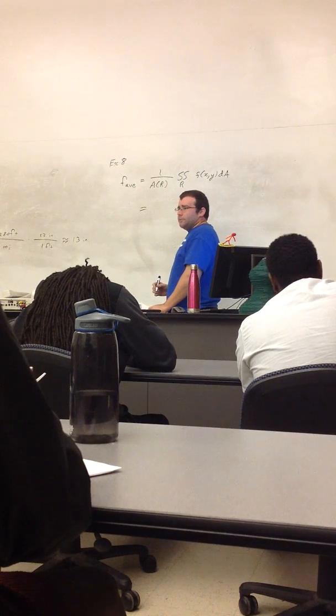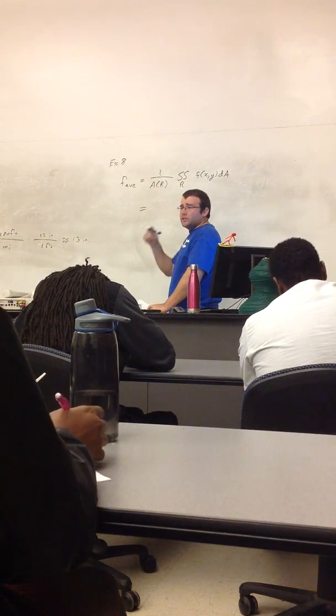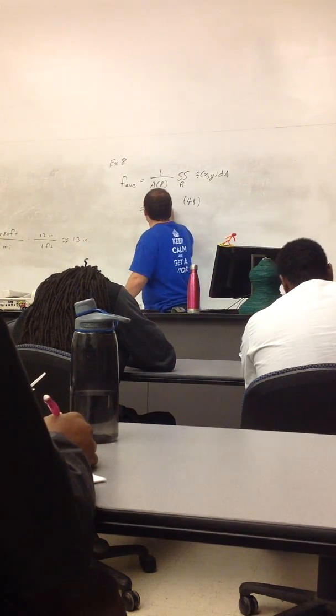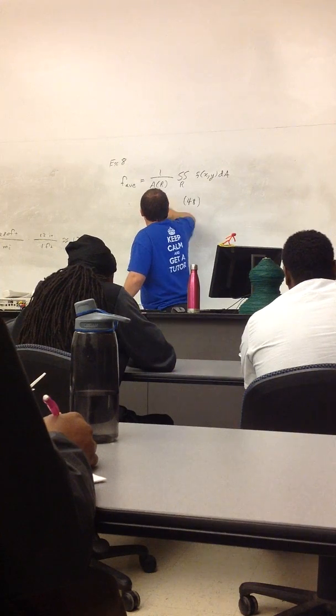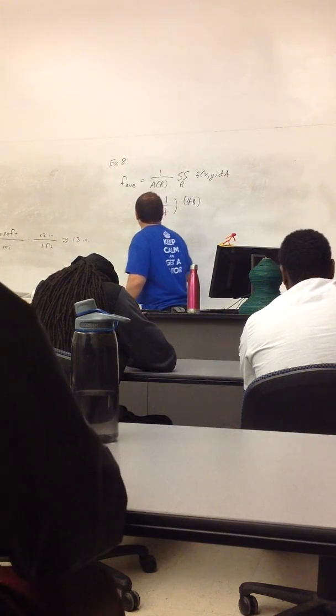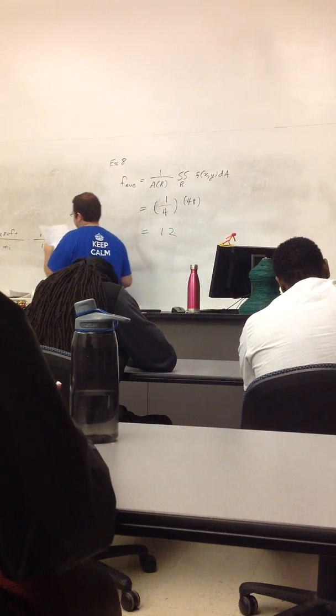What was the area of that region? 4. It was 0 to 2 in x, 0 to 2 in y, so it's a 2 by 2 rectangle. So it was 1 over 4, and the average is 12.